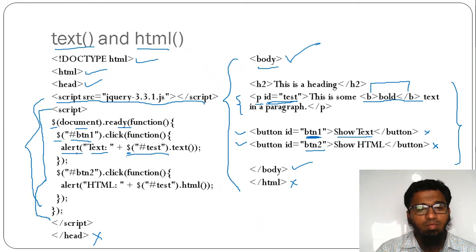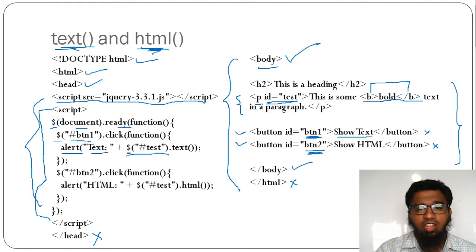The same way we need to give the code for btn2. Dollar hash btn2, hash because it is an ID, dot click function. Whenever we click button 2, alert HTML plus dollar hash test dot HTML. When we take the text, it will display the text.